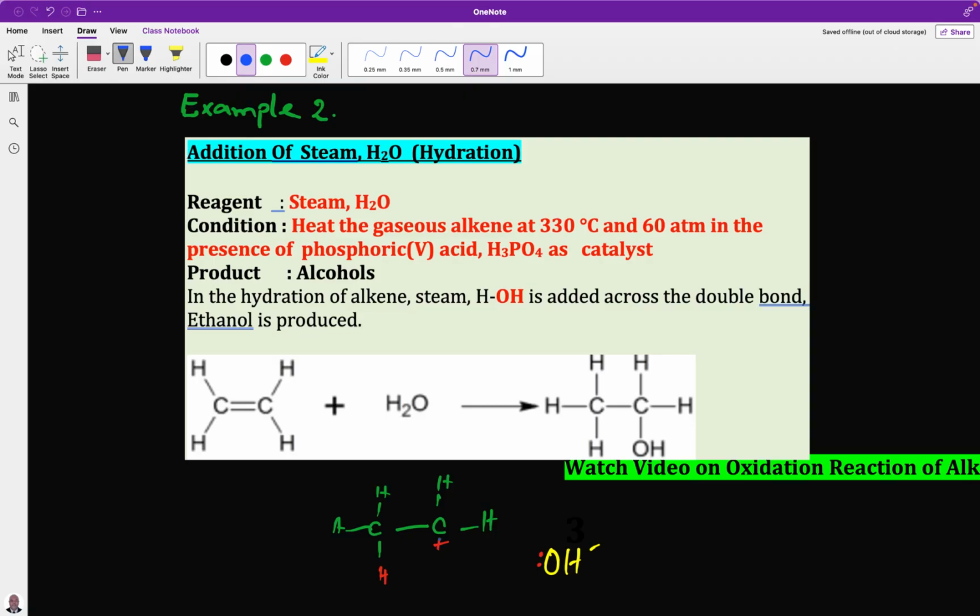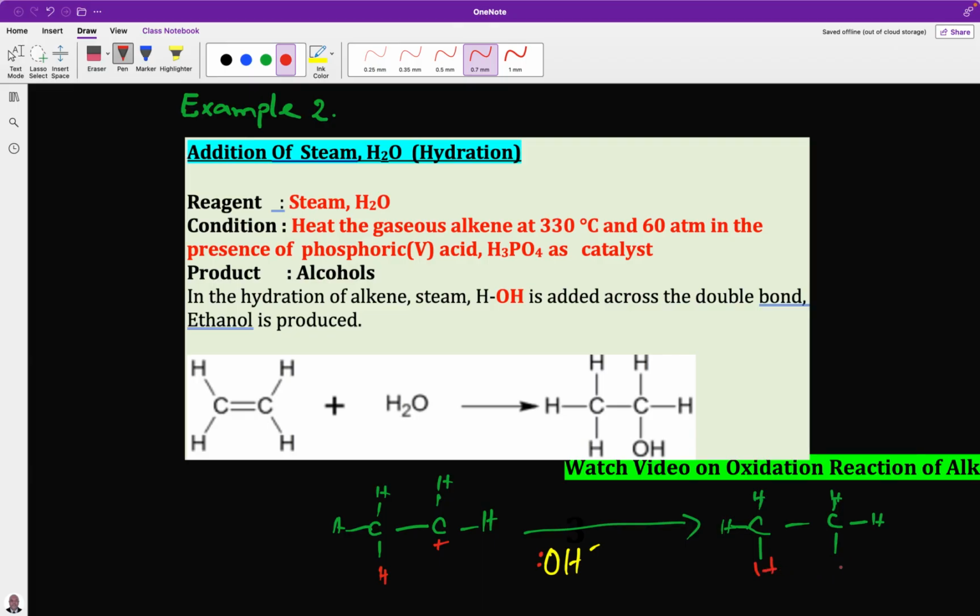A new bond is now formed between carbon and oxygen. So where is the new bond?